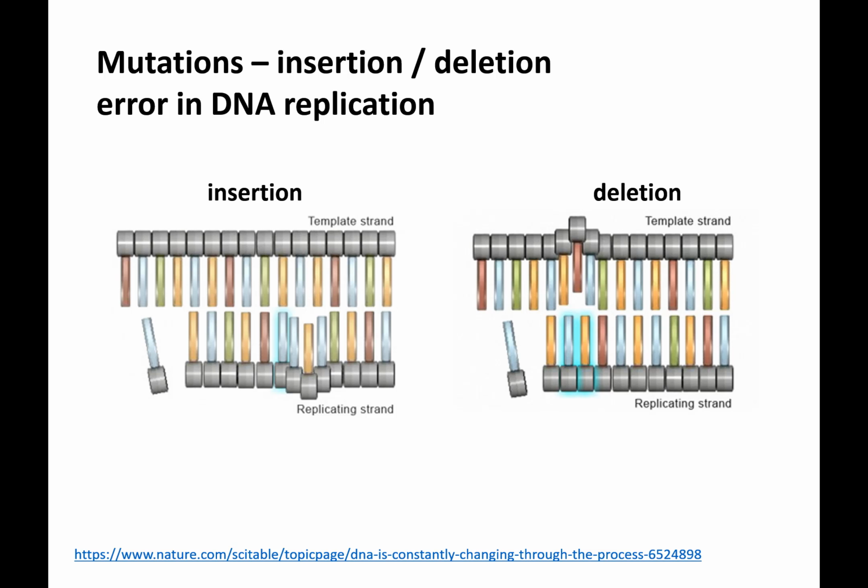How this occurs is it's proposed that you can have what we call a wrinkle in the DNA where either the replicating strand wrinkles a little bit and you kind of get off and you add in an extra nucleotide, or the template strand gets a little wrinkled and you lose a nucleotide. And there's a little video here you can watch about kind of how they think this might happen.